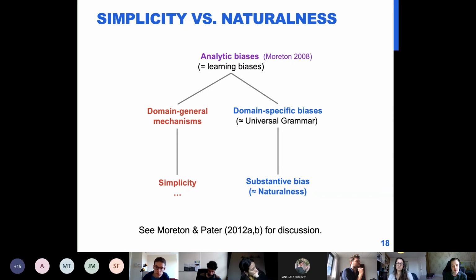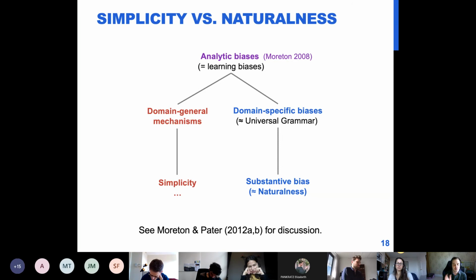And under that, we would have what we might call substantive biases that Alex and Maura talked about earlier. These substantive biases are basically what people usually mean when they talk about naturalness in phonology at least, phonetic naturalness, phonological naturalness. This usually means this domain-specific substantive bias.